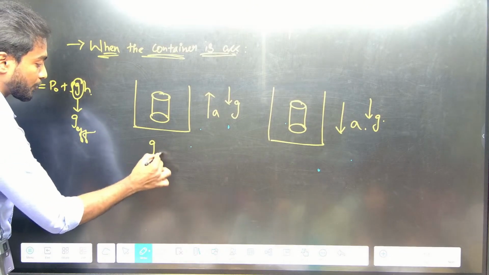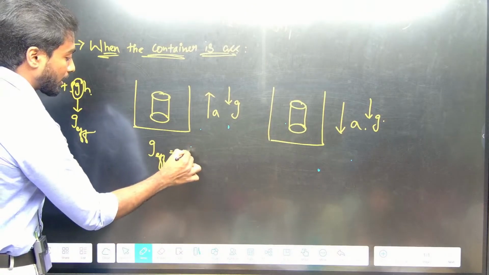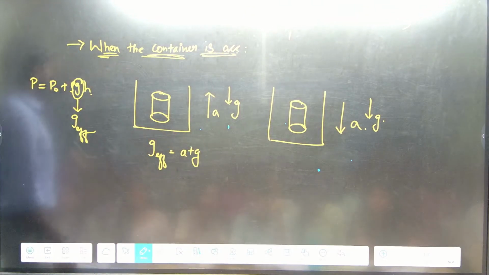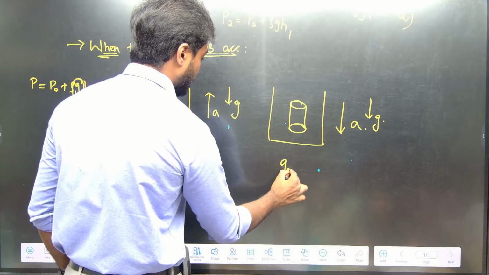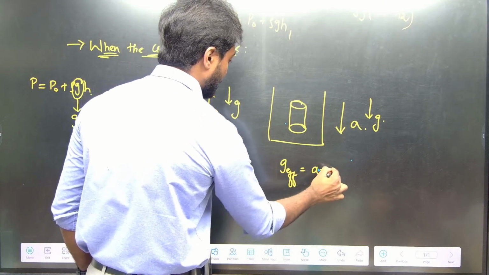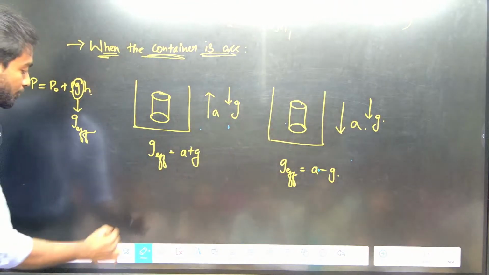So here g effective will be nothing but a plus g, and here g effective is a minus g. Then what will be the formula?